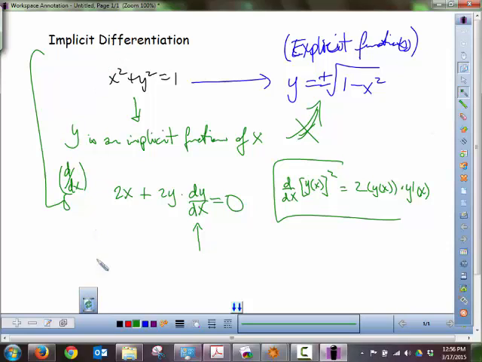So now let's extend these ideas to functions of two variables, where the third variable z is possibly an implicit function of x and y.